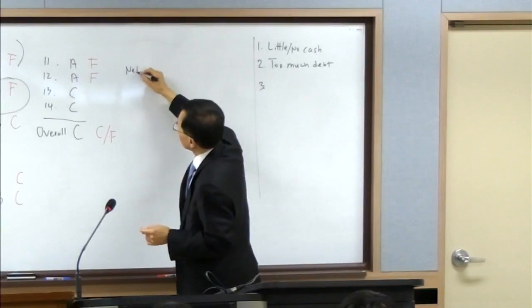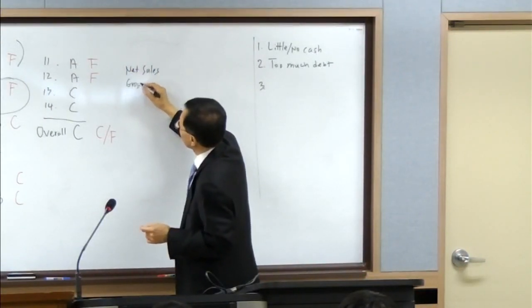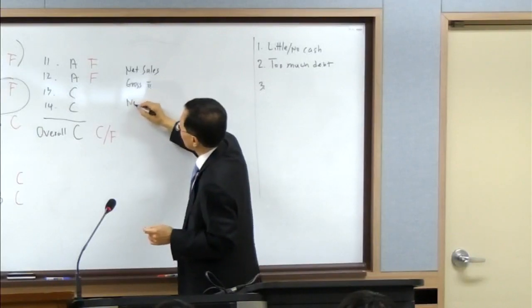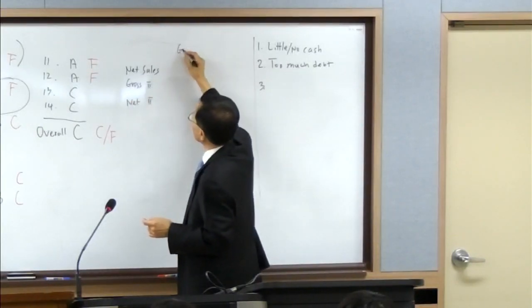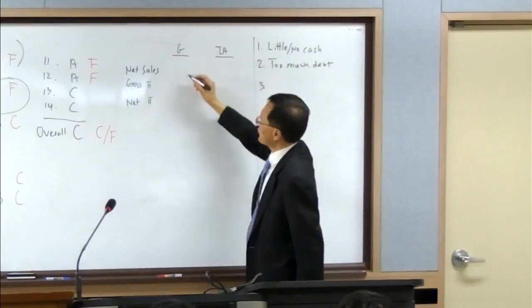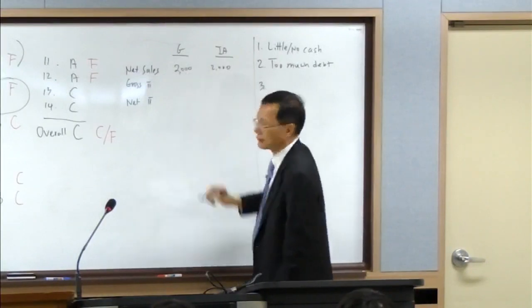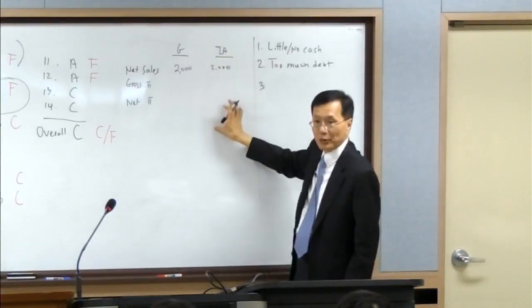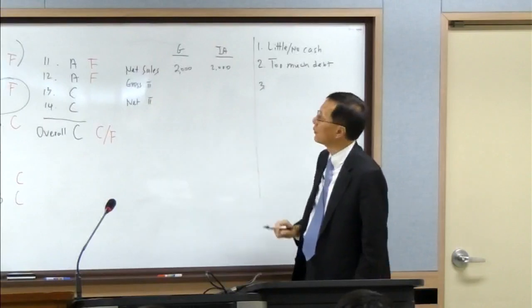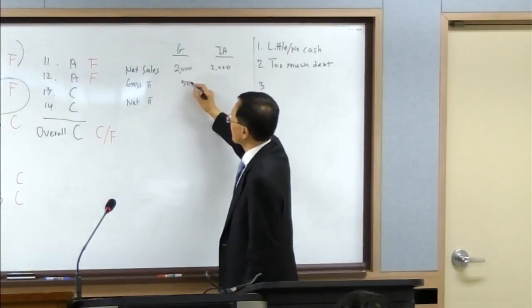Here's net sales, and here's gross profit and net profit. And here's the green paint, and here's the industry average. Net sales are the same, 2,000. Think about a hypothetical industry competitor with the same net sales. Gross profit of the firm is 500.